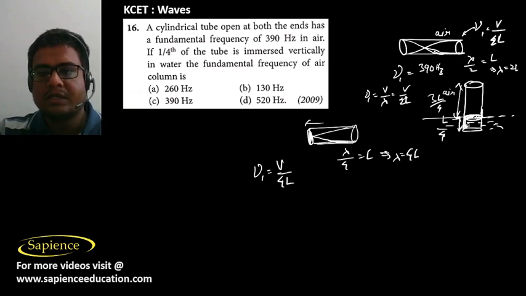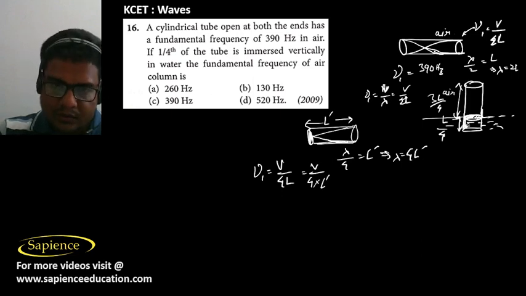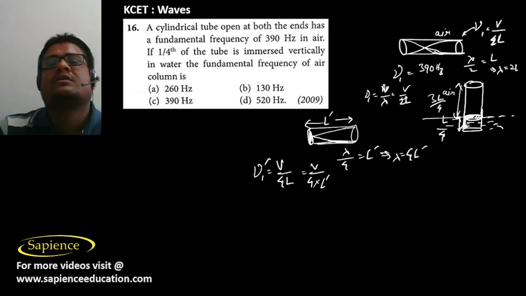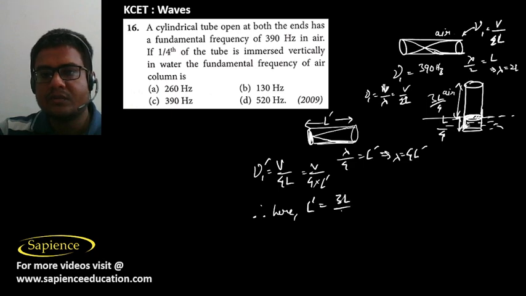Here the length will change. Suppose it is L dash, but the speed in the air will not change. So this will be V by 4L dash, new one dash, you can say. Therefore the length which has changed, L dash, is equal to 3L by 4.